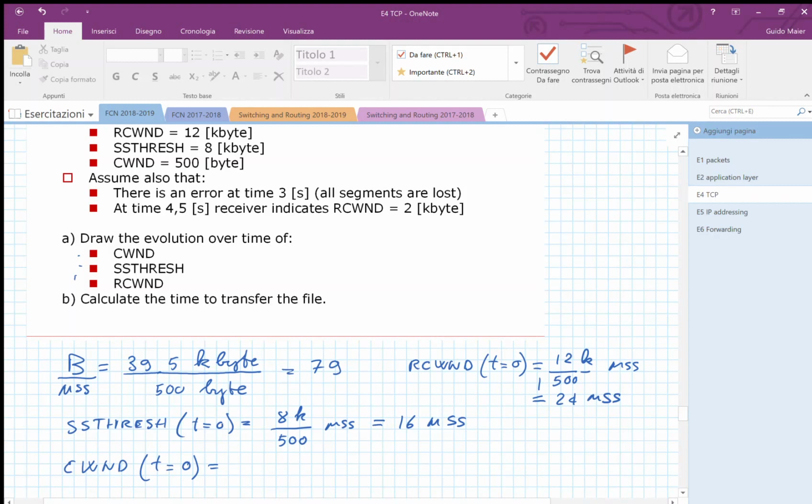I understand that this is the last chapter, so the previous chapter, we were talking about layer 3, but I hope that at least the congestion window at the beginning of the connection is 1. Okay, we are at the beginning of the connection, so it's initialized to 1 maximum segment size. Obviously, in all these exercises, we assume the TAHOE flavor, which is the basic behavior of the basic version of TCP.